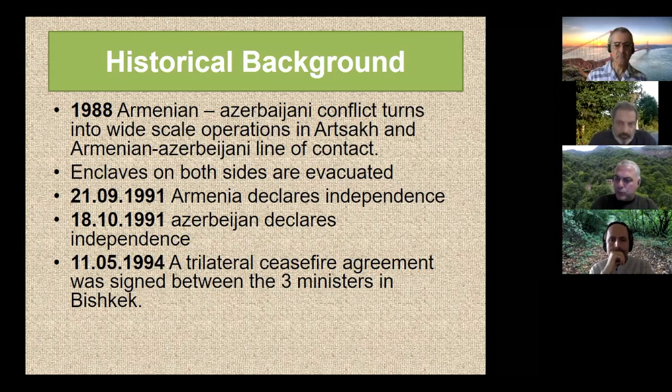The 3 ministers were the Armenian Defense Minister, the Azerbaijani Defense Minister, and Artsakh's Minister of Defense. The agreement was signed over 3 days, actually. The first signature was on the 9th, then the second was on the 10th, then the 11th was the final one. And the agreement was signed between these countries.